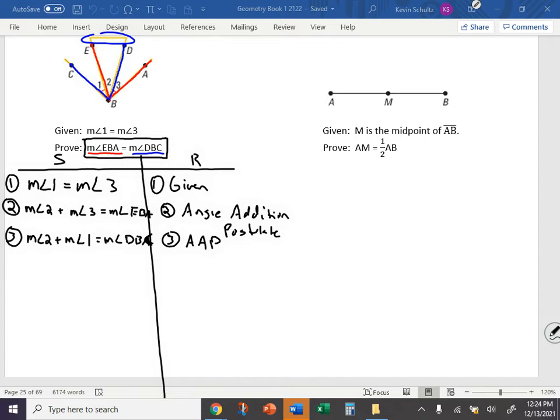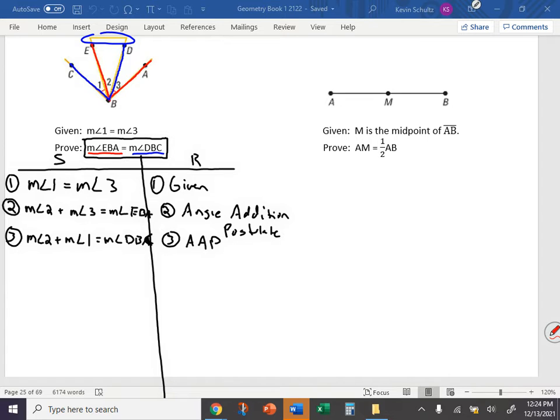This is similar to the one we did up above it. Anyone see what we can do here? Have an idea? Joey? So you could do substitution to sub out 3 for 1. We already know that angle 1 is equal to angle 3. That was established. That was given.